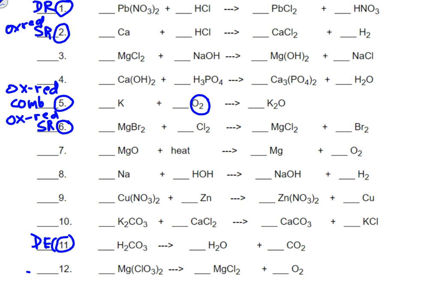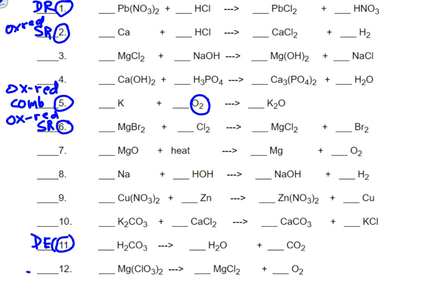Is it this time? Do we have an element anywhere? Nope. So, just decomposition. Remember I said decomposition is sometimes oxred. In this case, it's not. You have to have an element for it to be an oxred.